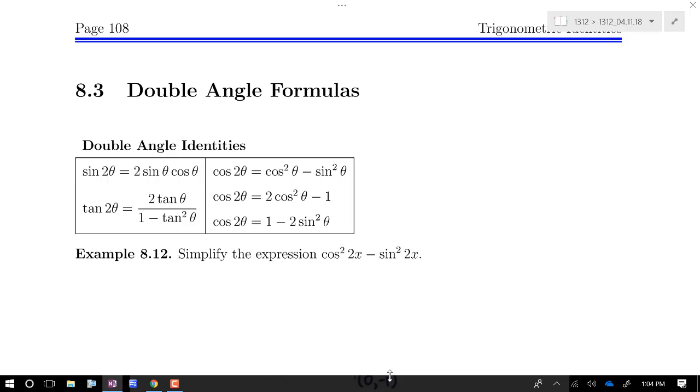So these are not formulas that you need to memorize, but we do need to identify times and places when we can use them and then use them effectively.